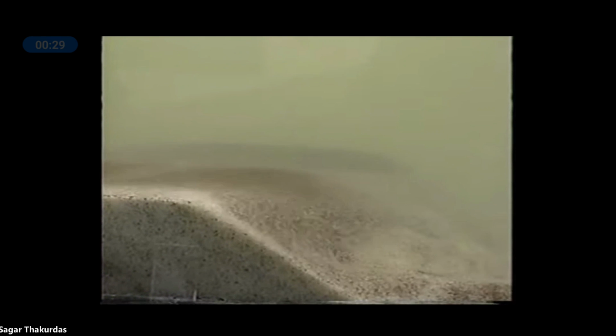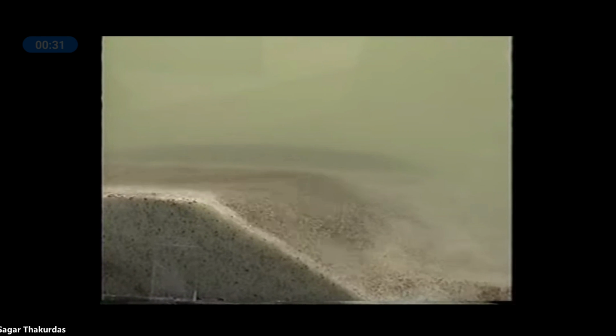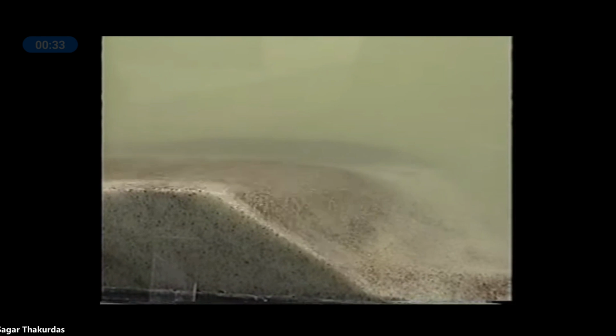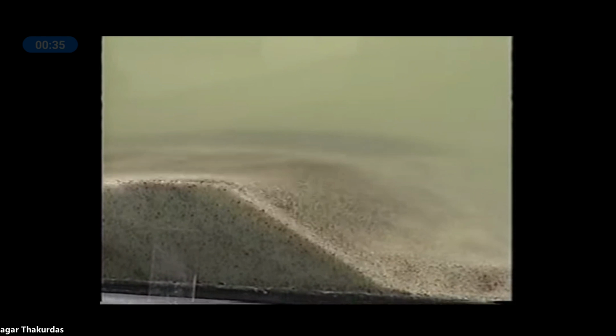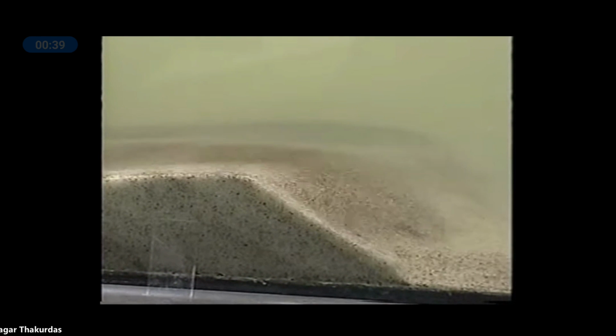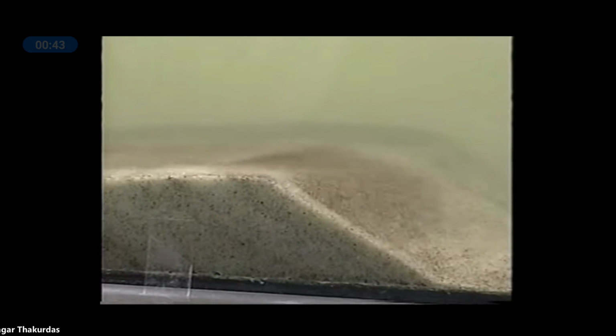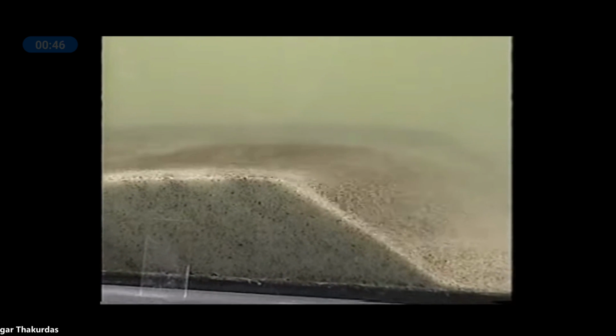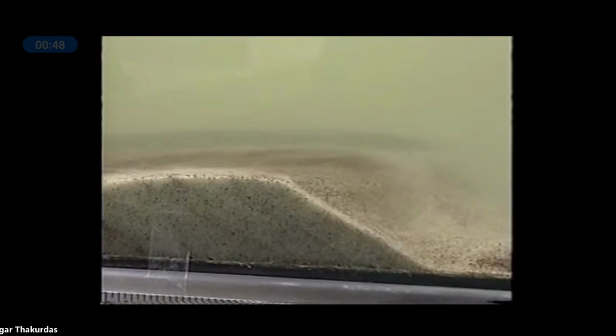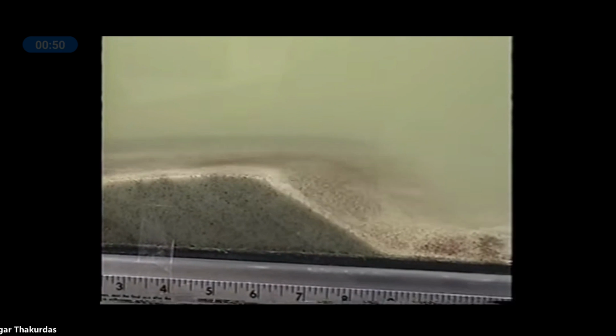So formation of different types of ripples depends upon the grain size variation, the velocity of flow and the depth of water, and these factors can be changed within this flume tube, and you can perform various experiments to see the formation of different types of ripples.